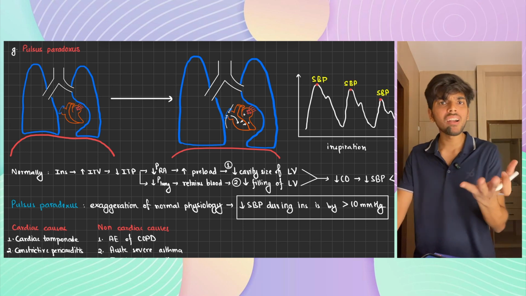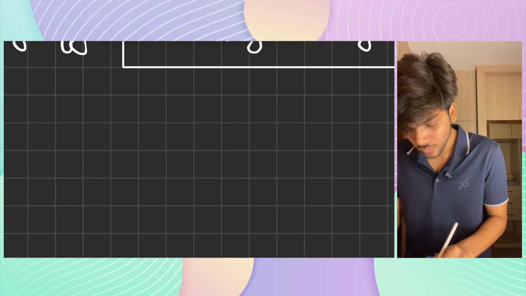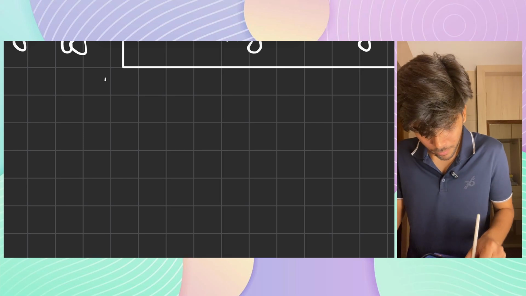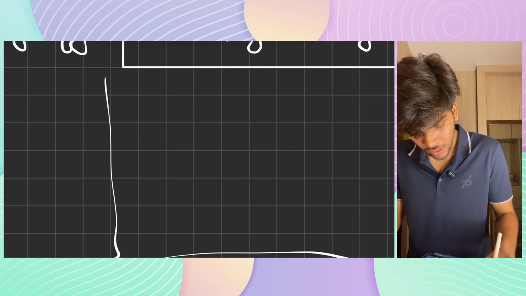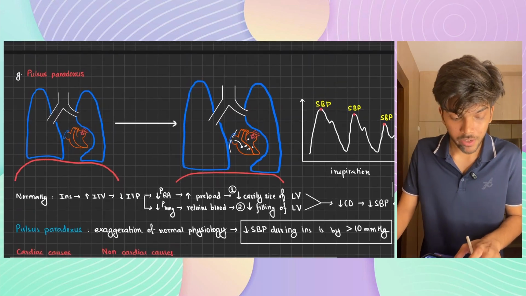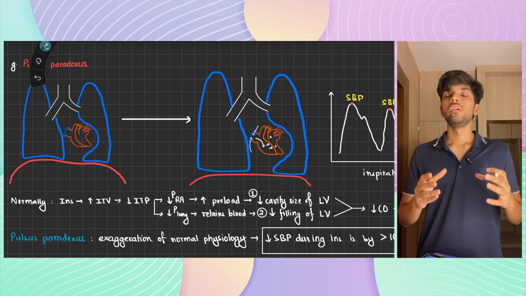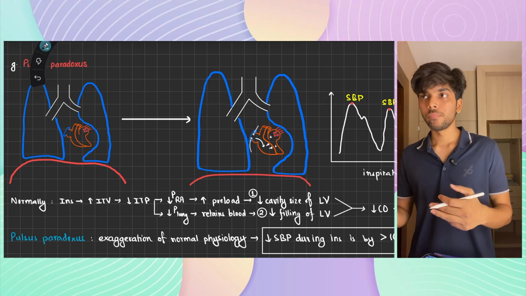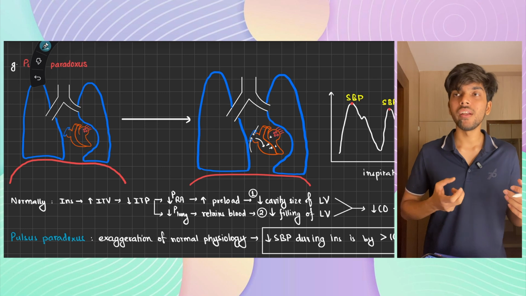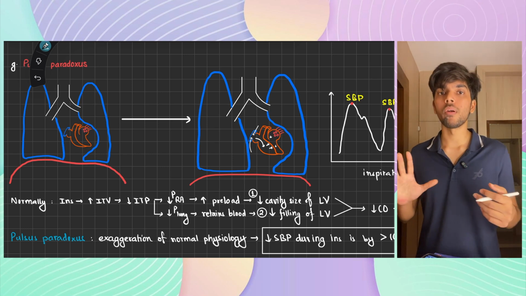Then where's the paradox here? What is the paradox? Okay, let me just explain it. You will understand it from the explanation. This is the paradox. During pulsus paradoxus, the contraction of the left ventricle is weak due to the fall in systolic blood pressure.